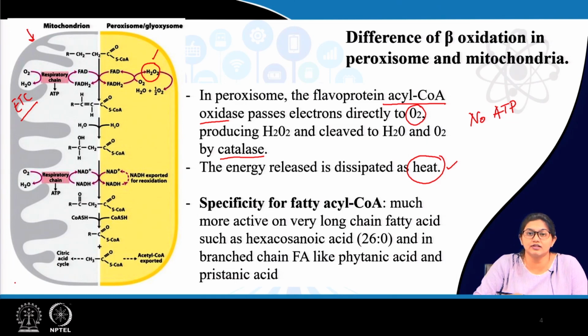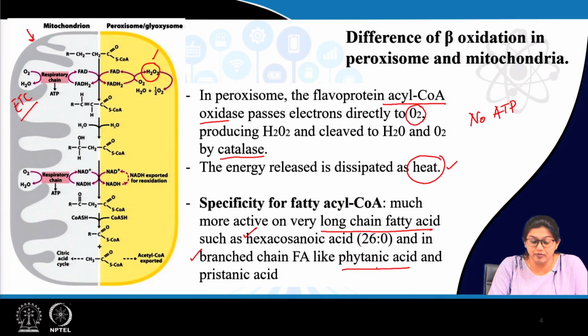These enzymes prefer very long chain fatty acids like hexacosanoic acid, that is a 26 carbon fatty acid, and also branched chain fatty acids like phytanic acid or pristanic acid.